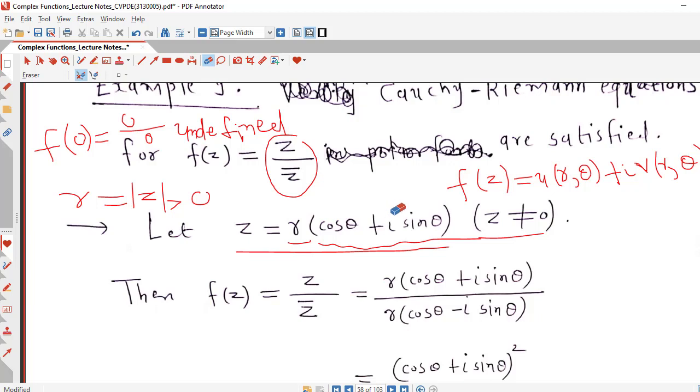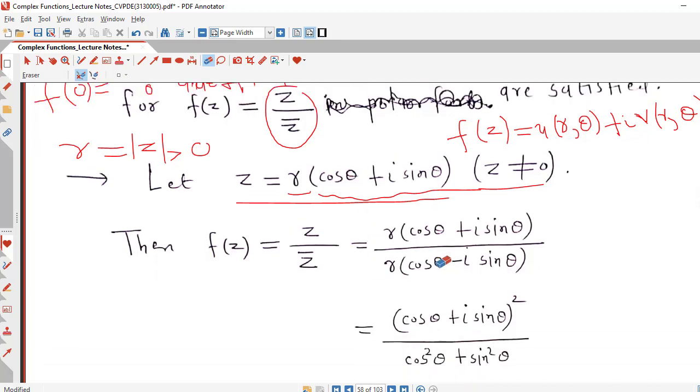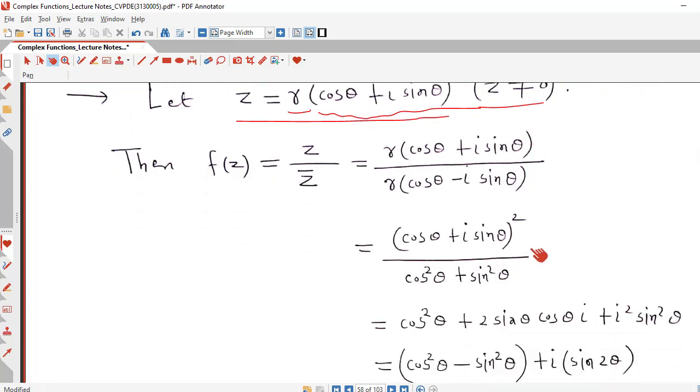Again, this part is not in this form. So what we will do is multiply by the conjugate of this, cos theta minus i sin theta. The conjugate of cos theta minus i sin theta is cos theta plus i sin theta. So we multiply numerator and denominator by cos theta plus i sin theta, and r is a positive real number, so we can cancel out r. Here we have to mention that r is cancelled out because r is positive, so it is non-zero.